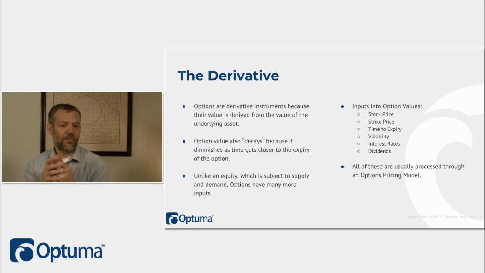Unlike an equity, which is subject to supply and demand, options have many more inputs. So yes, there's a little bit of supply and demand. If there's a lot of demand for an option, it can have an effect on its price, but that's not really where the pricing comes from. It's more to do with the stock price, the underlying price of the security, the strike price, what's that face value on the option, how long till expiry, what's the volatility of the market like.